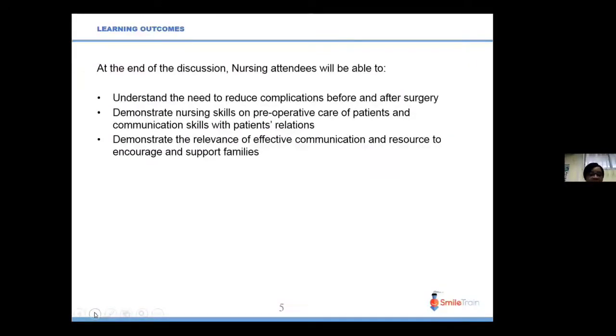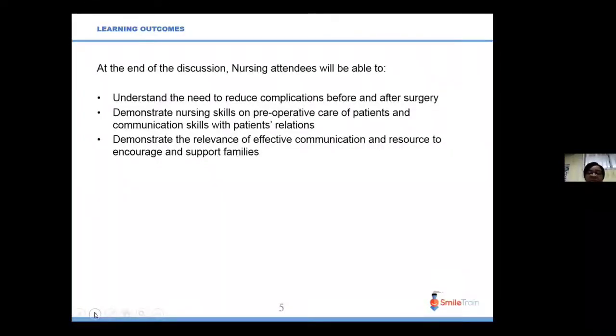What will now be our learning outcome? Also, at the end of this discussion, nursing attendees and other medical or surgical health workers, especially the Matron team, will be able to understand the need to reduce complications before and after surgery, demonstrate nursing skills on pre-operative care of patients, and communication skills with patients' relations.